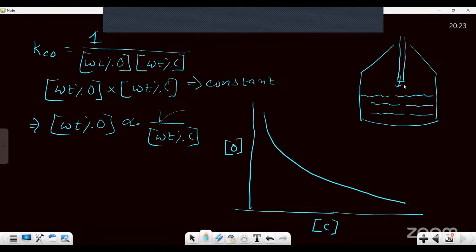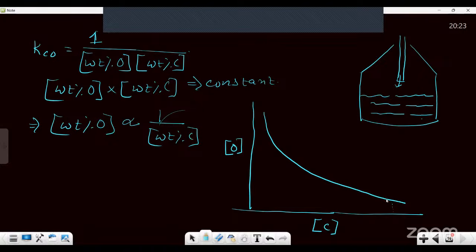Now, when I start the process, the percentage of oxygen is just starting to increase. But when my oxygen was very low, at that time the concentration of carbon was very high. So carbon, obviously in the hot metal before I start the process, is about 4%, something like that. So it is very high.